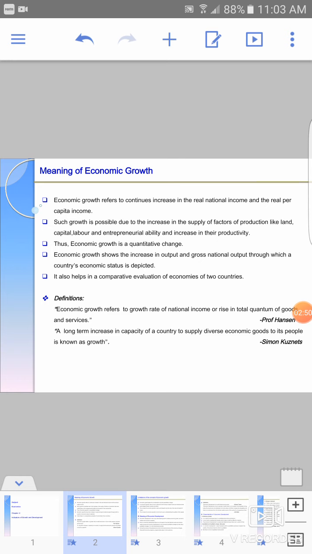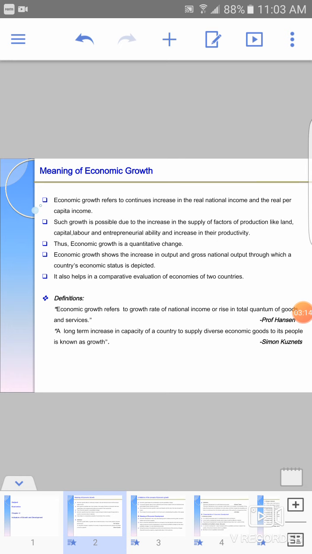Okay, as a labor, for example, your productivity will increase because of your education level, right, entrepreneurial ability, there are more ideas from more people and more entrepreneurs will function in a country. Okay, that is basically called increase in the productivity of factors of production.